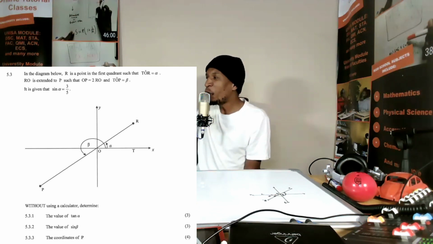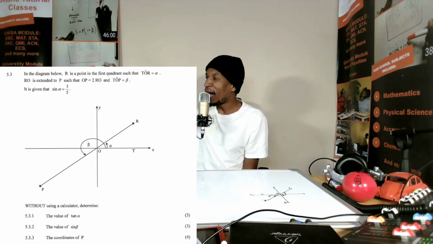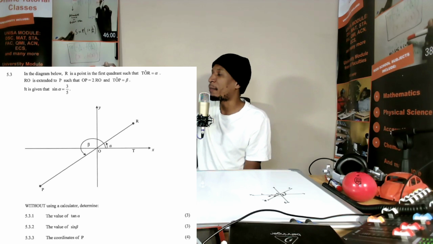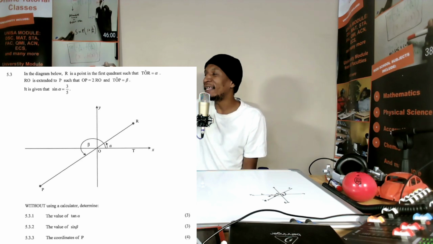Angle TOR is equal to alpha, as we can see. And then RO is extended to P. Okay, sharp. So RO is extended to P such that OP is equal to 2RO and angle TOP is beta.